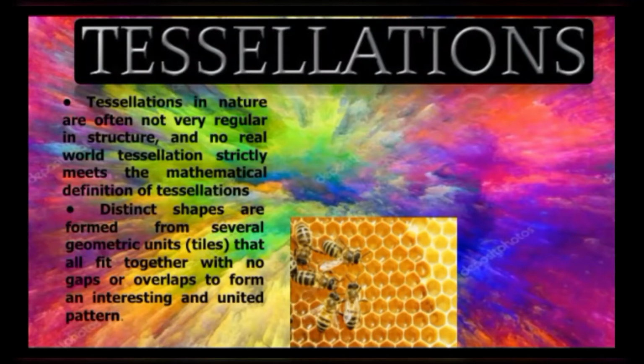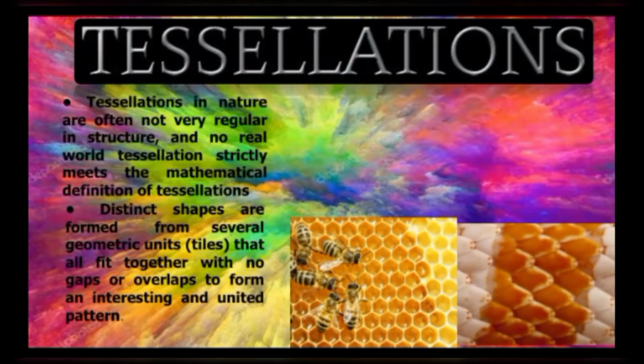Examples of this are the arrays of hexagonal cells in a honeycomb, or the diamond-shaped scales that pattern a snake, which are natural examples of tessellation patterns.